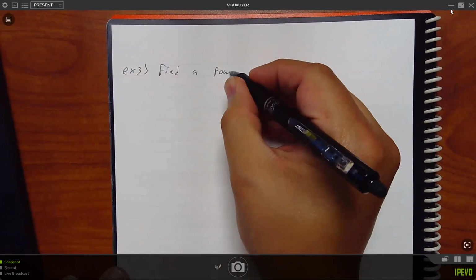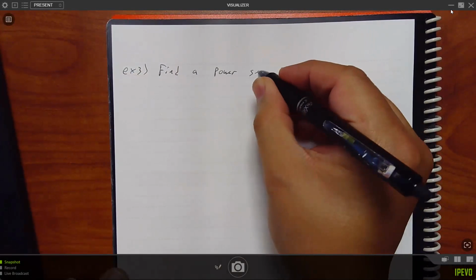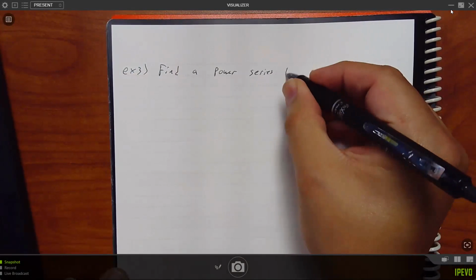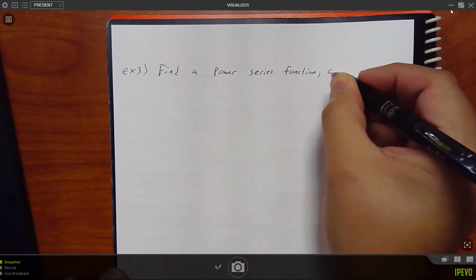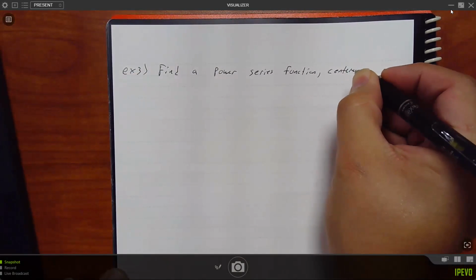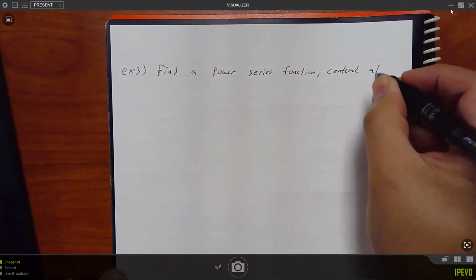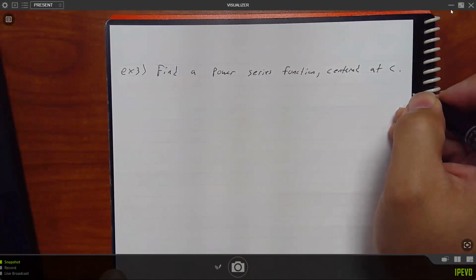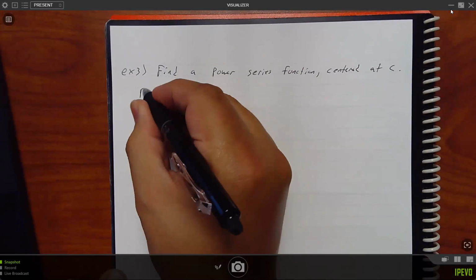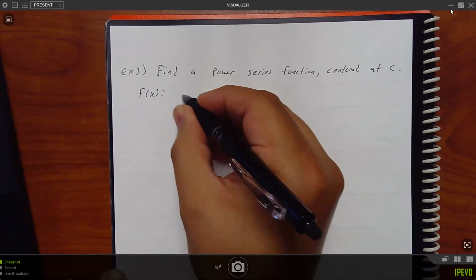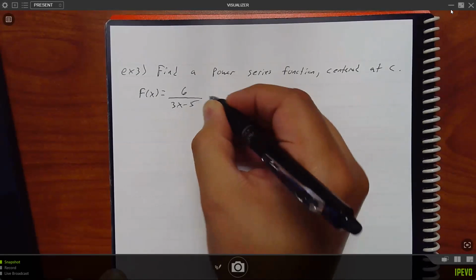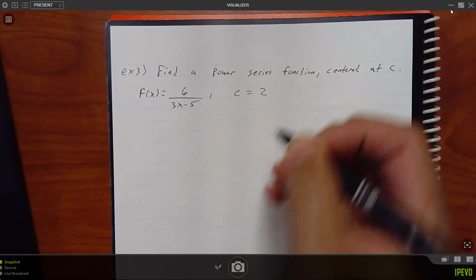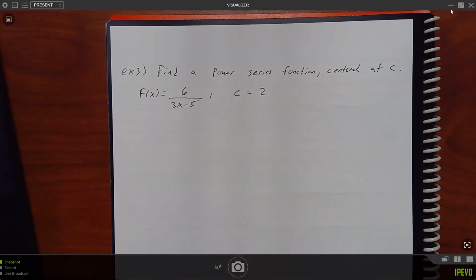Find a power series for the function centered at c. Okay, so this one probably sucks.